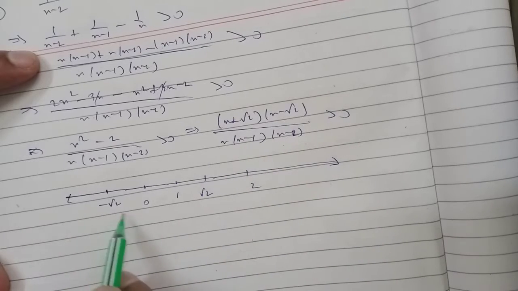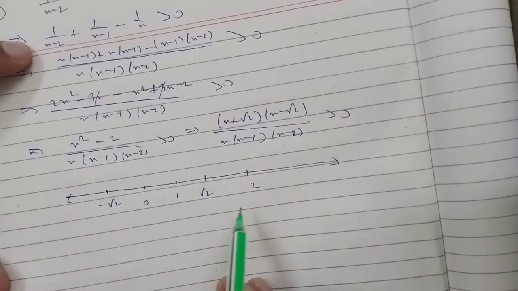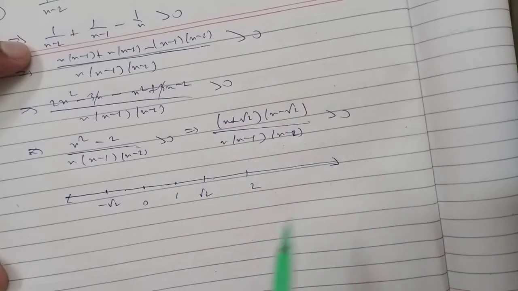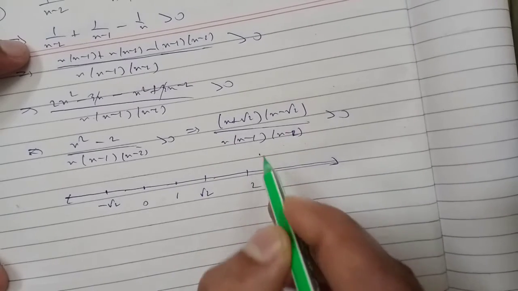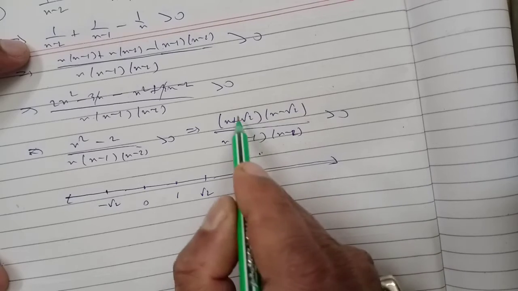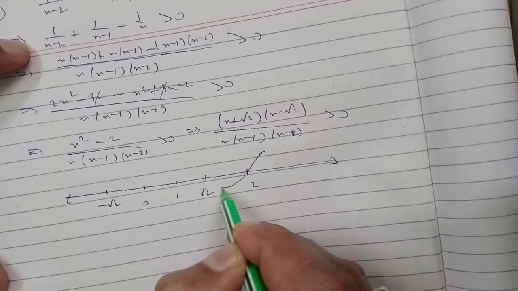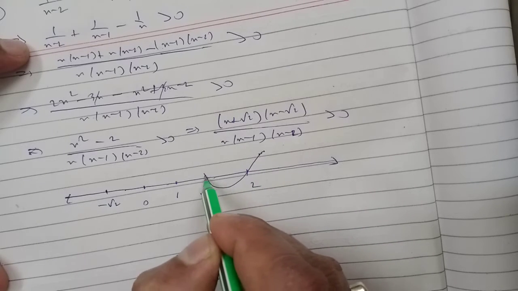Take a value of x more than 2, say 3. This is positive, this is positive. All of them are positive. So start drawing the curve from above the number line. And here all the exponents are 1, that is odd. So you have to cross all the points in this way.